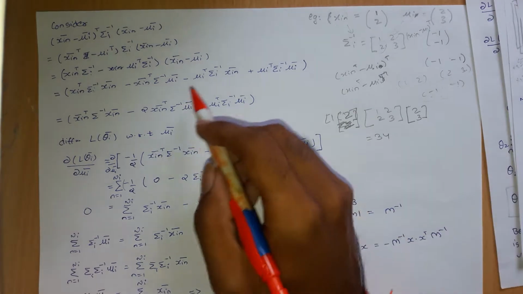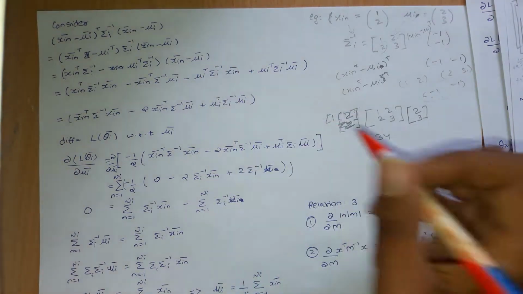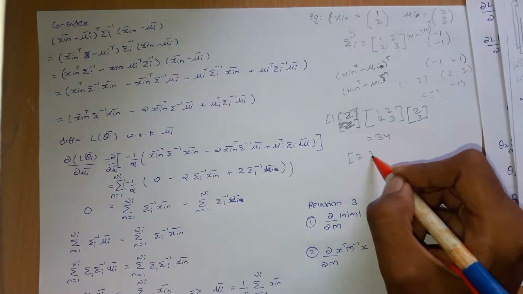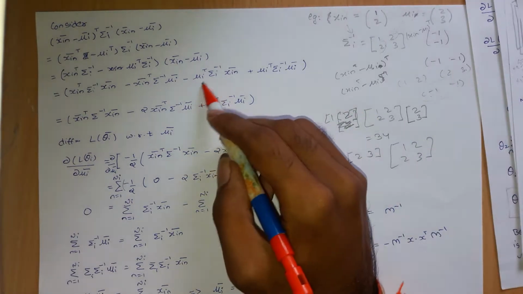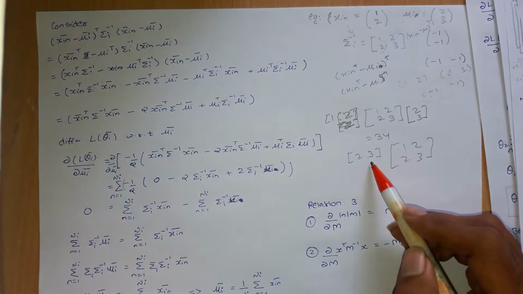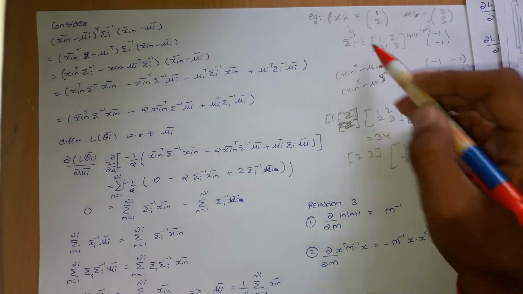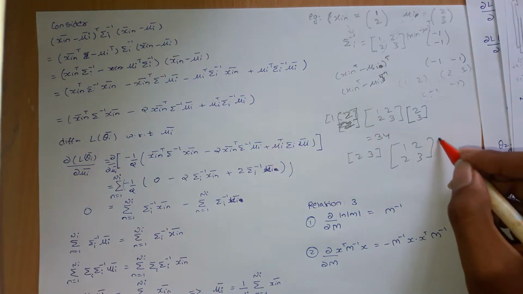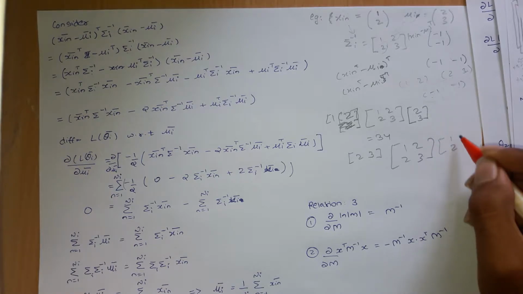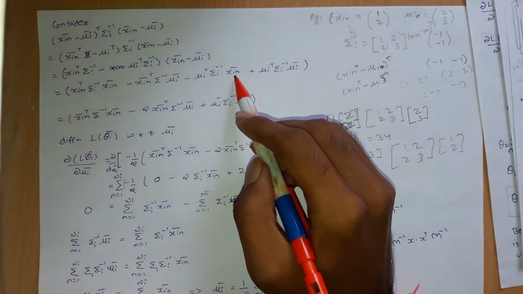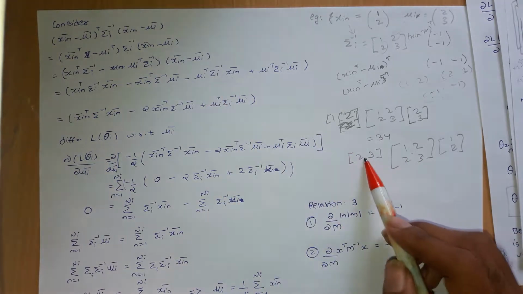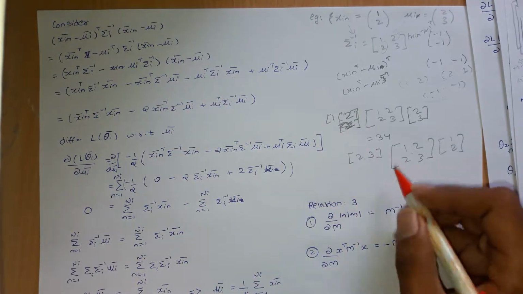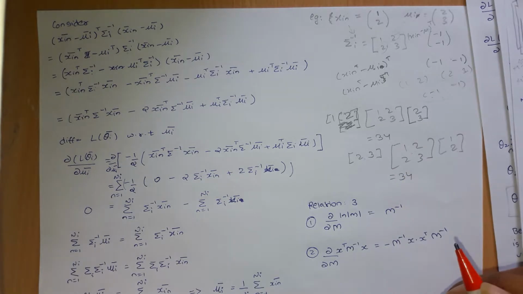Also when you calculate this, mu_i transpose is (2, 3), then the matrix (1 2; 2 3), and then I multiply (1, 2), so that is this thing. So x_n, sigma and mu_i. Similarly here, this also comes out to be 34.